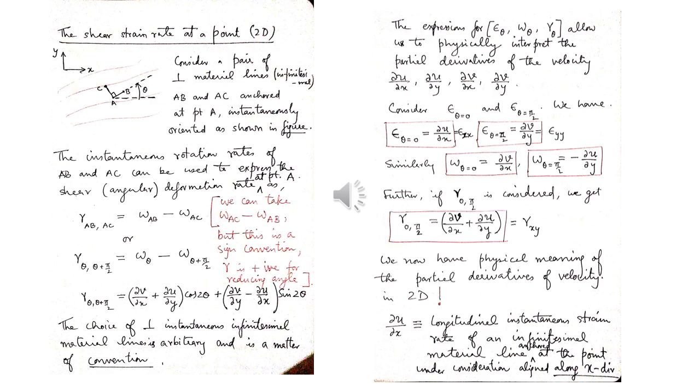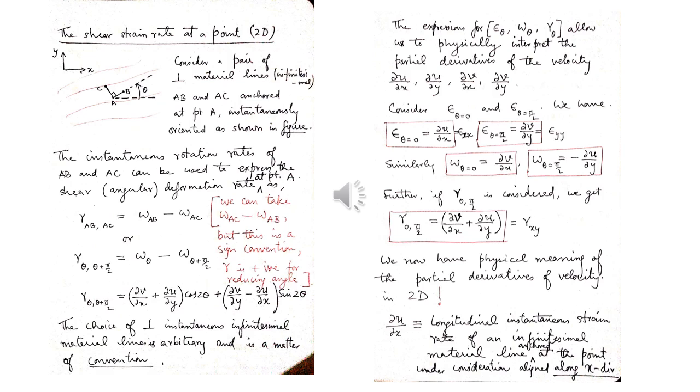a pair of perpendicular material lines, infinitesimal, AB and AC, as the figure shows, and the orientation of this pair we can choose at any angle. We are free to choose the angle, so that is shown as theta with respect to the x direction.